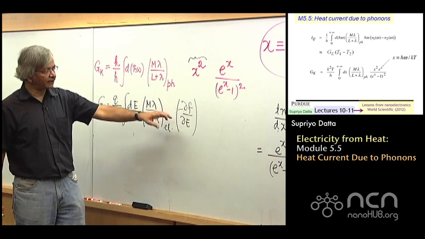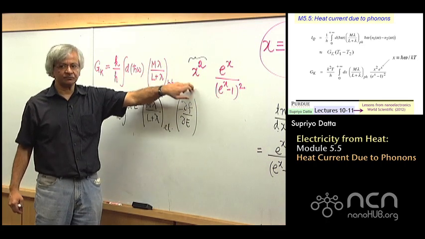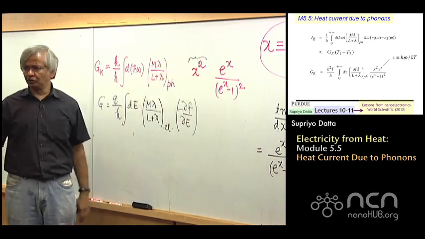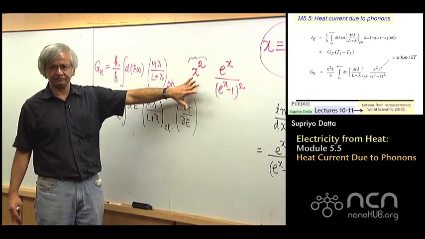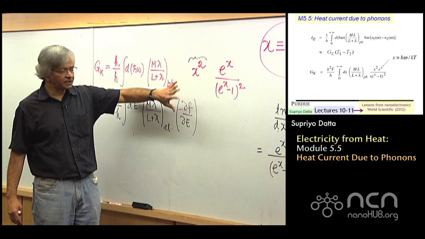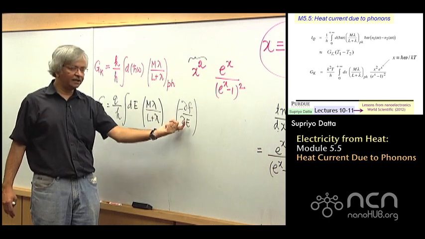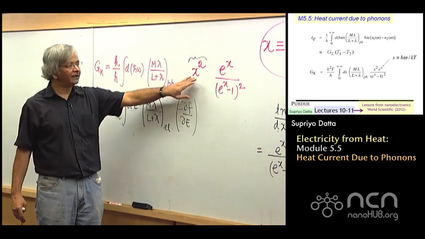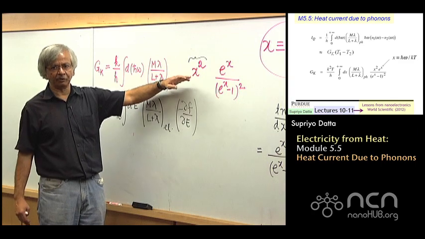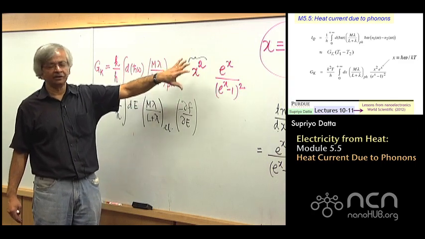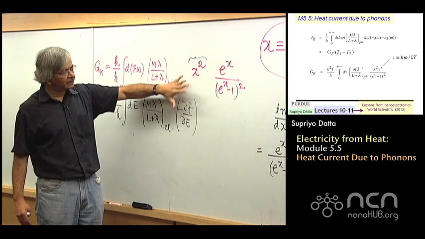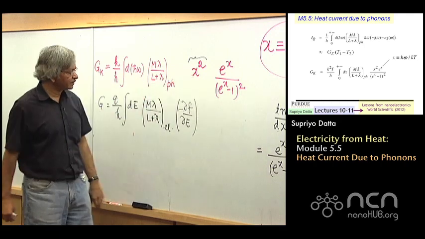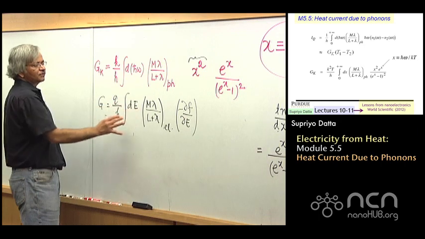And instead of that del f del E factor, we now have this function. And if you look in the notes, I've discussed that the functions have a similar shape. Of course, there are differences, like the area under this function is 1, while the area under this one is not exactly 1, so you need a numerical factor if you want to make its area 1. But they're roughly the same shape. And then you see the rest looks very similar.